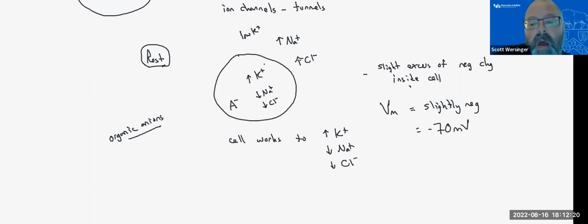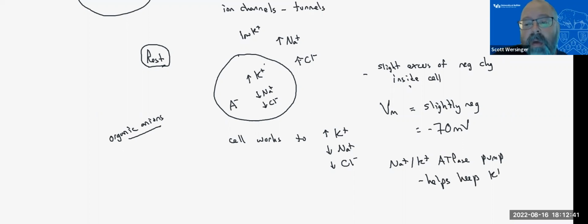It turns out I do want you to know the sodium potassium ATPase pump. Just make sure you look briefly at that. You don't need to know too much detail. Don't overthink it. Just know that this helps keep potassium high and sodium low inside the cell.